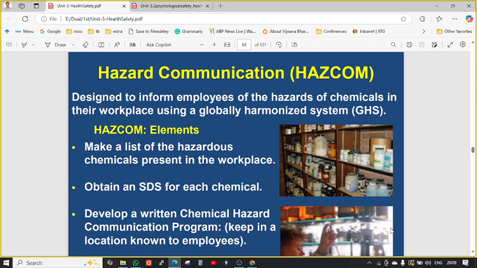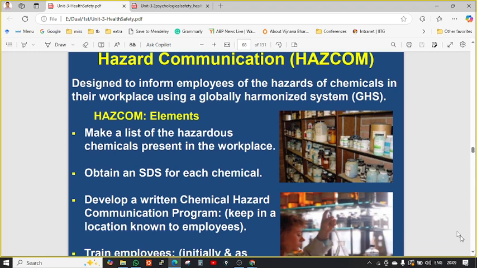That is hazard communication, or HCOM. This is one protocol, or one systematic approach, we can use in our laboratory or in our working area. HCOM is designed to inform employees of the hazards of chemicals in workplaces using the Globally Harmonized System.